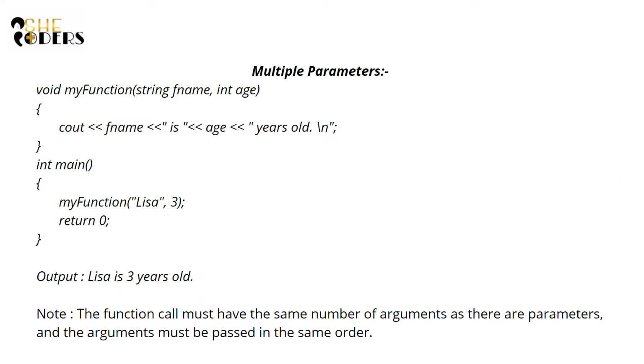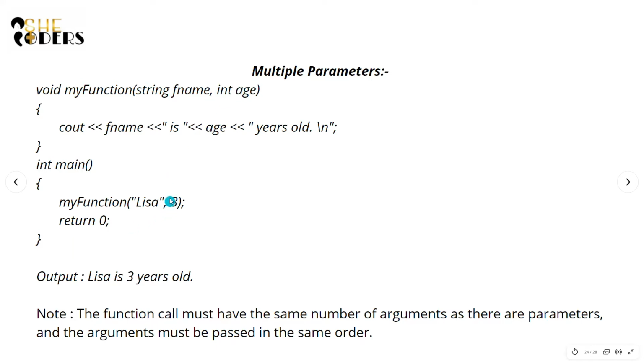Here, notice that the function call must have the same number of arguments as the parameters, and the arguments must be passed in the same order. What we mean by this is, you can't pass 3 first and Lisa later, like 3 as the first argument and Lisa as the second argument, because it will raise a type error. A string type parameter is needed first, and then the integer type parameter.